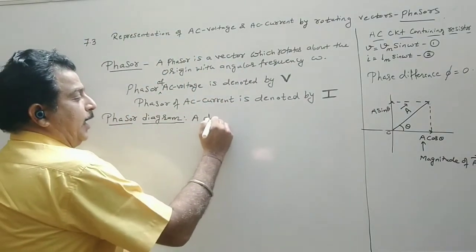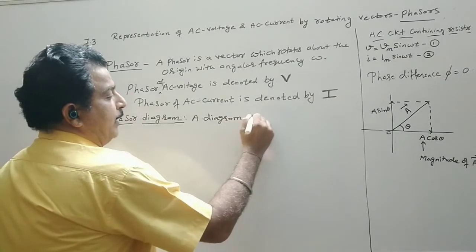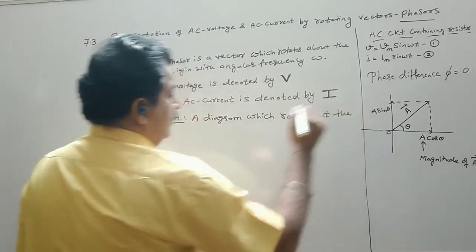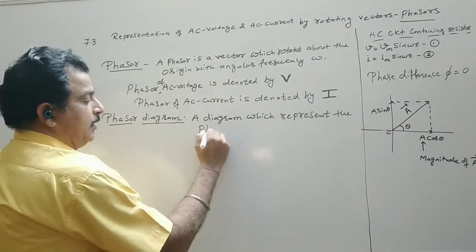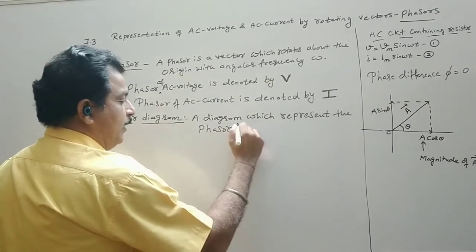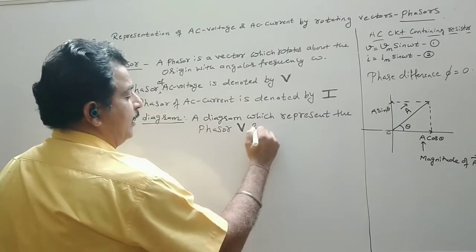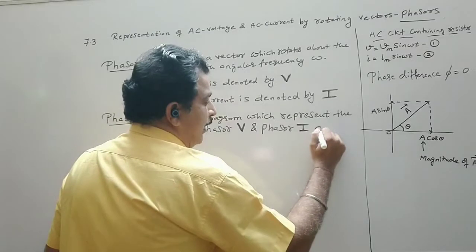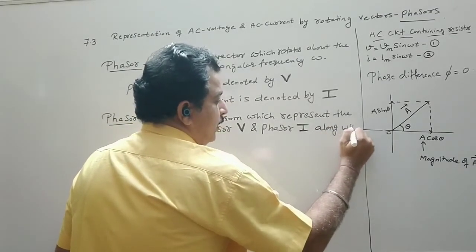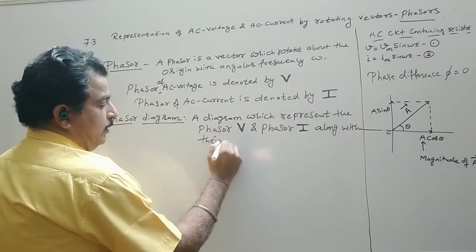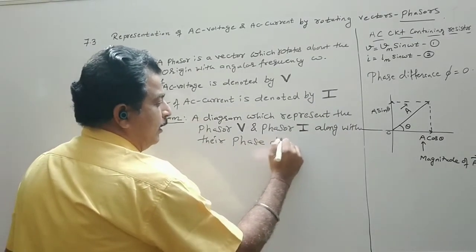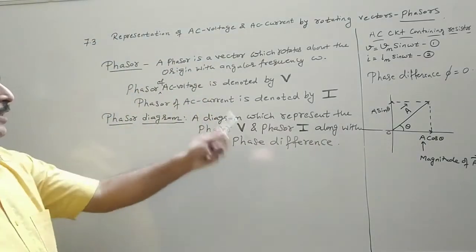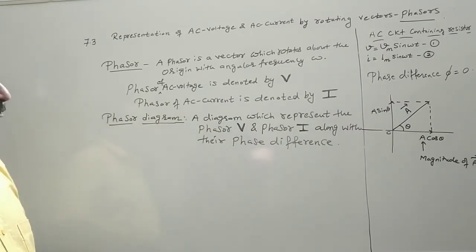So a phasor diagram is a diagram which represents the phasor V and phasor I along with their phase difference.